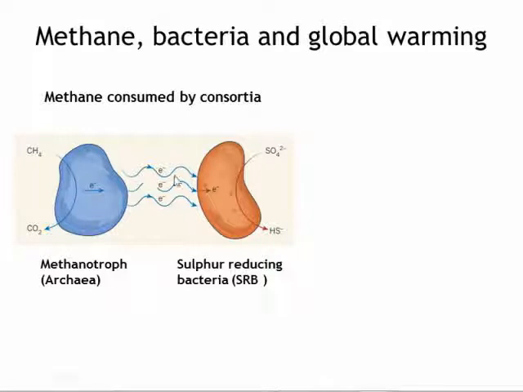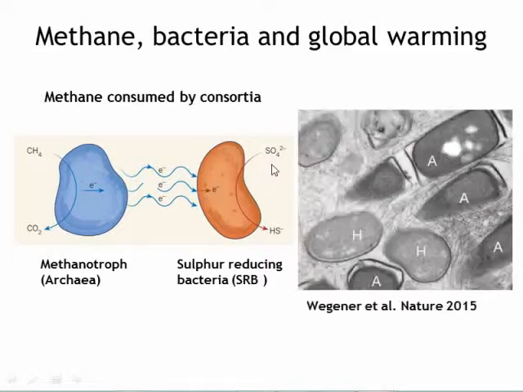And this involves electron transport from the methanotroph. Okay, so the electrons come from here, they're transferred from this organism to the other one, and then onto sulfate. And it was recently found how this occurs. So this is a Nature paper from 2 years ago.